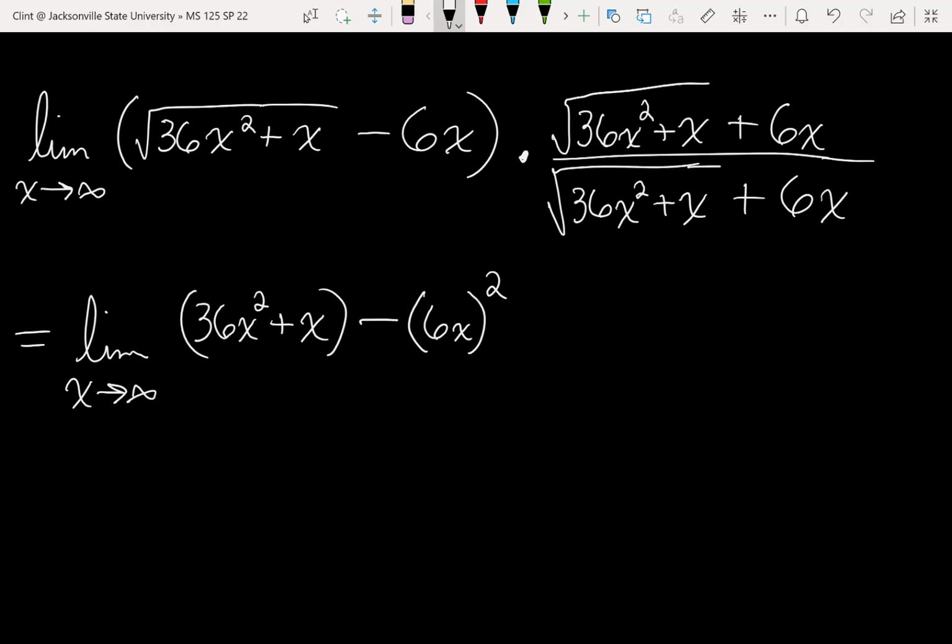And if we want to, we can go ahead and square that. What's 6x squared? 36x squared. You've got to square the coefficient and the x. So minus 36x squared over all that garbage just goes on the bottom.